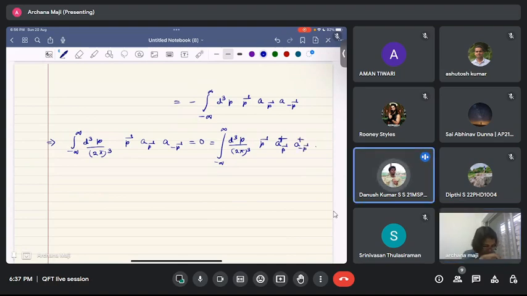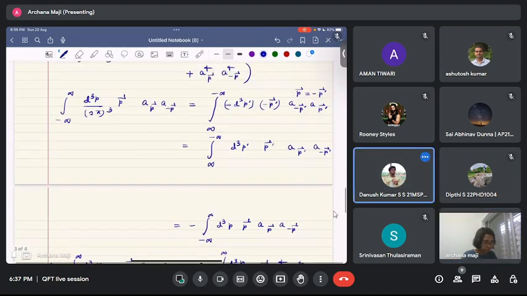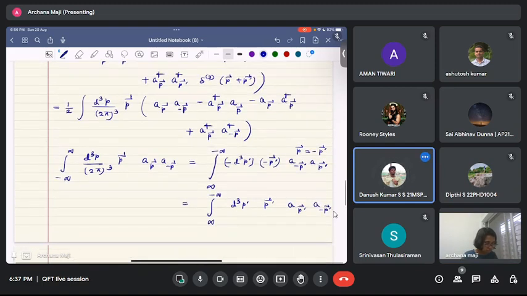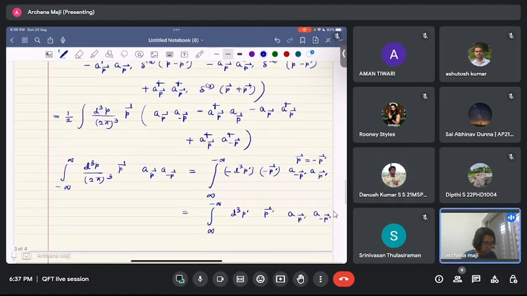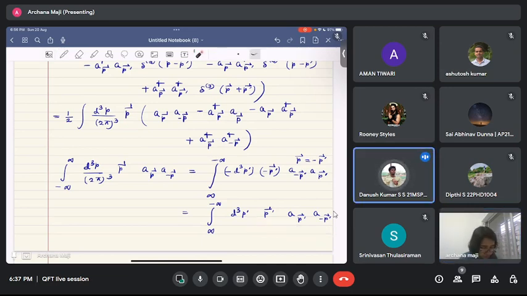Can you please scroll up? Yeah. Here. How does the operator get changed its place? Which step? This one? The last step here. Yeah, minus p is at first.